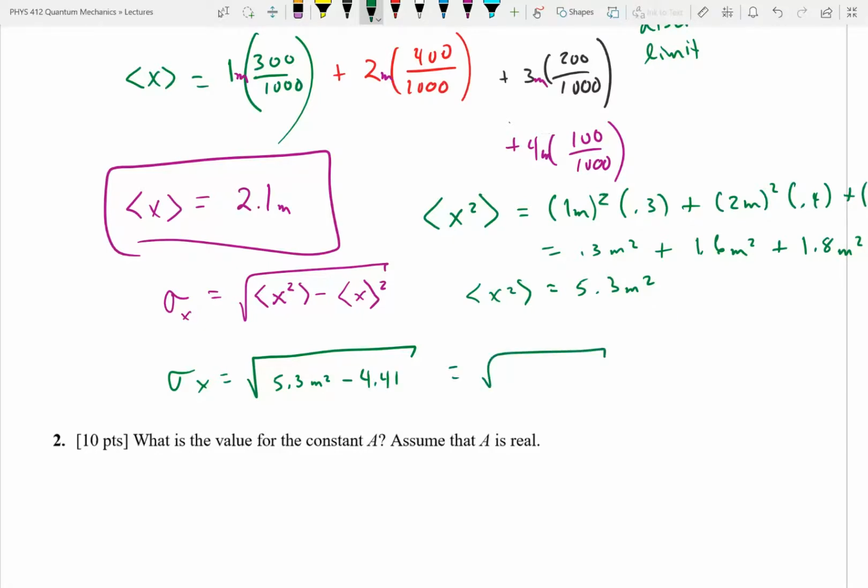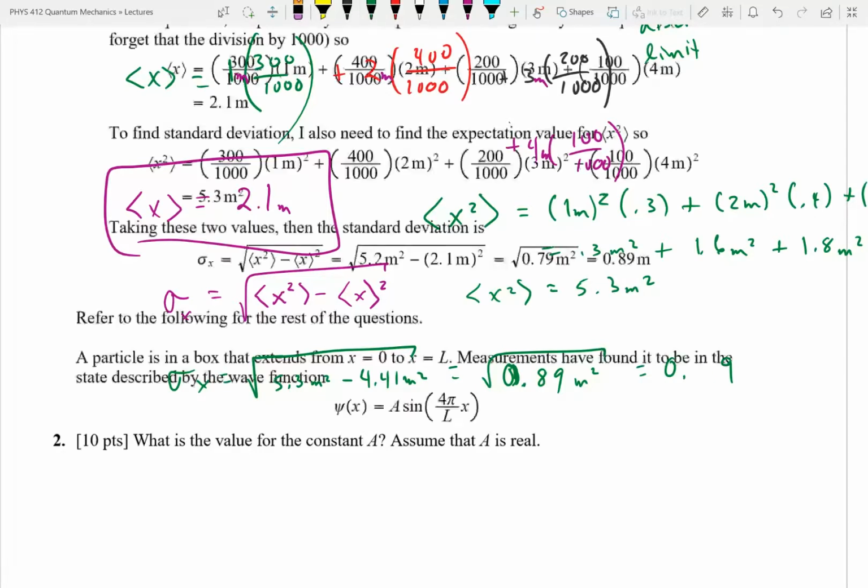Now is the harder one. Zero point 0.9 something, right?